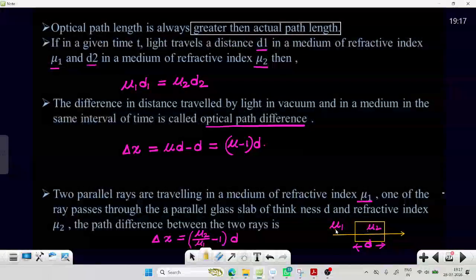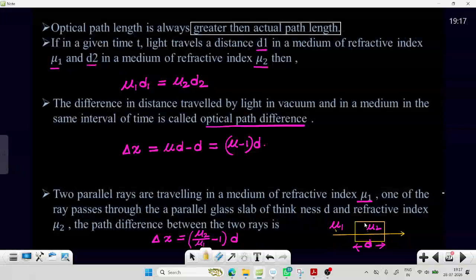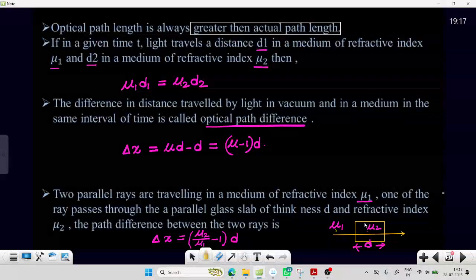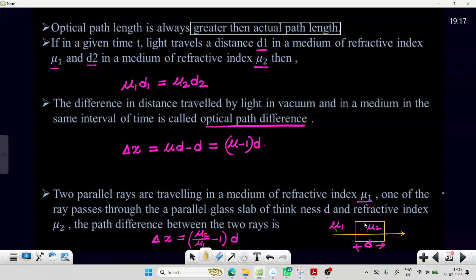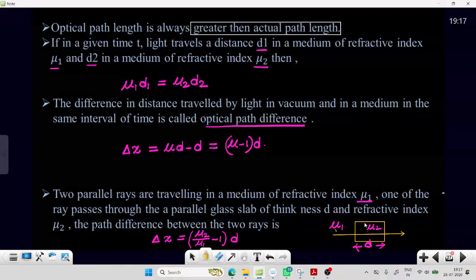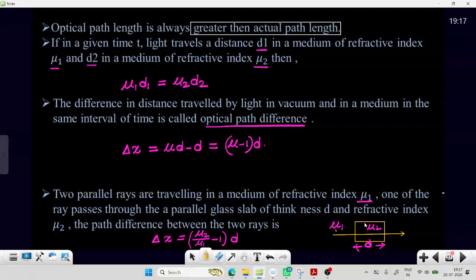Then mu2 by mu1 minus 1 will come. We should take the relative refractive index, if we are doing an experiment in some other medium.